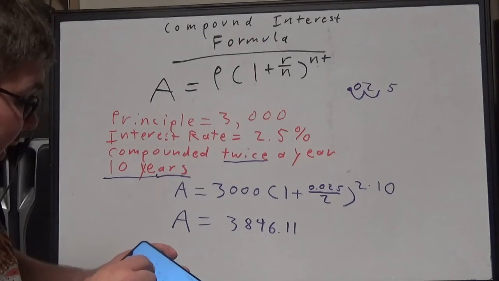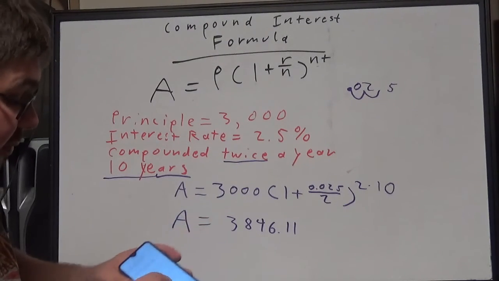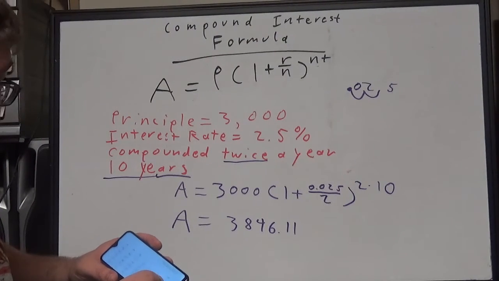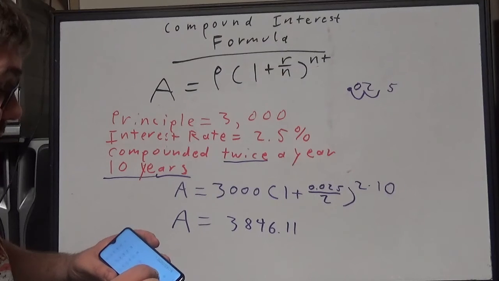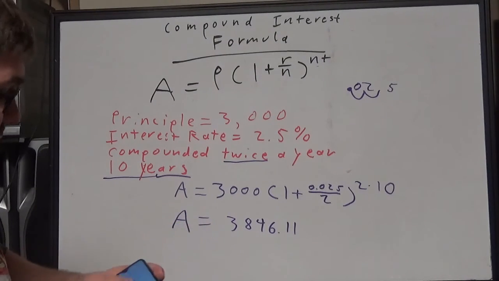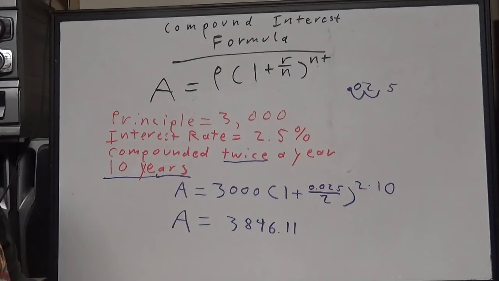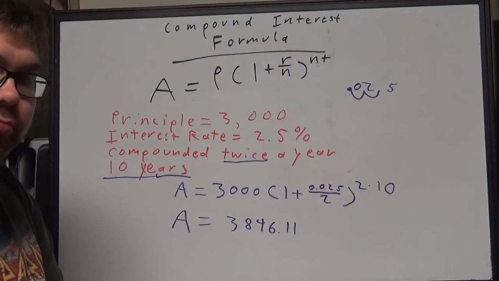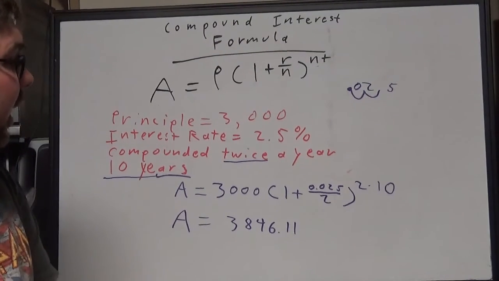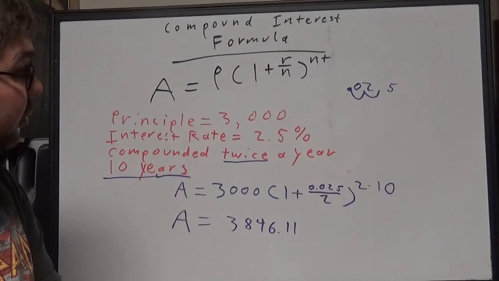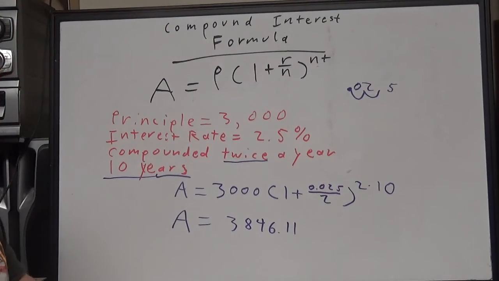Now I'm going to put that to the power of 2 times 10, which is 20. I get 1.28 and a bunch of stuff. Now I'm going to do that times 3,000. Hey, it works. Good. Same answer. So, this is correct. And good to know my phone calculator actually does order of operations. That's nice.